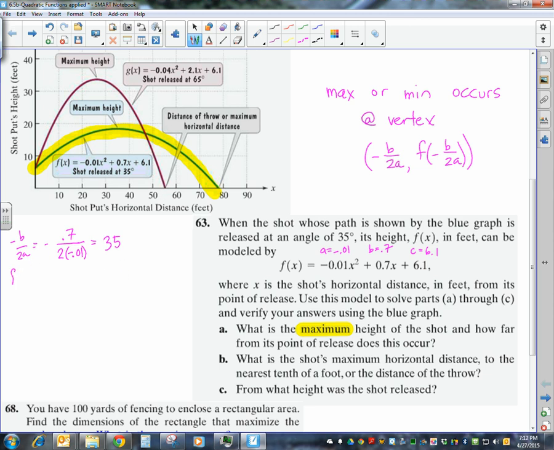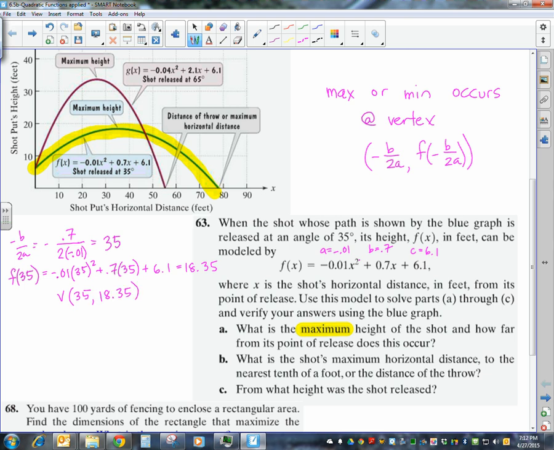Then I have to take 35 and plug it back in: negative 0.01 times 35 squared plus 0.7 times 35 plus 6.1. When you plug that in, you get 18.35.